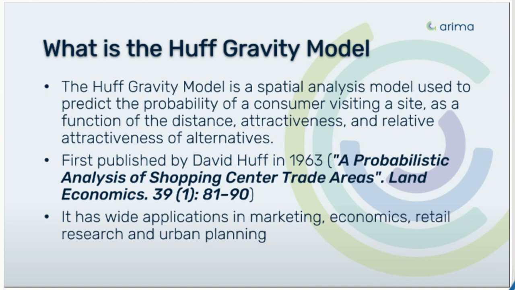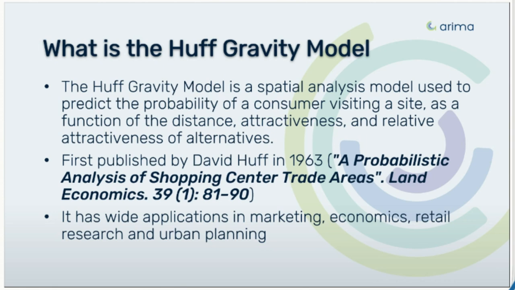So somebody could be a consumer, could be a visitor, could be anybody visiting a store, a location, a national park, some scenery, an office building, whatever it is. And the way that Huff model makes its prediction is based on factors like distance, attractiveness, as well as attractiveness of other alternatives.